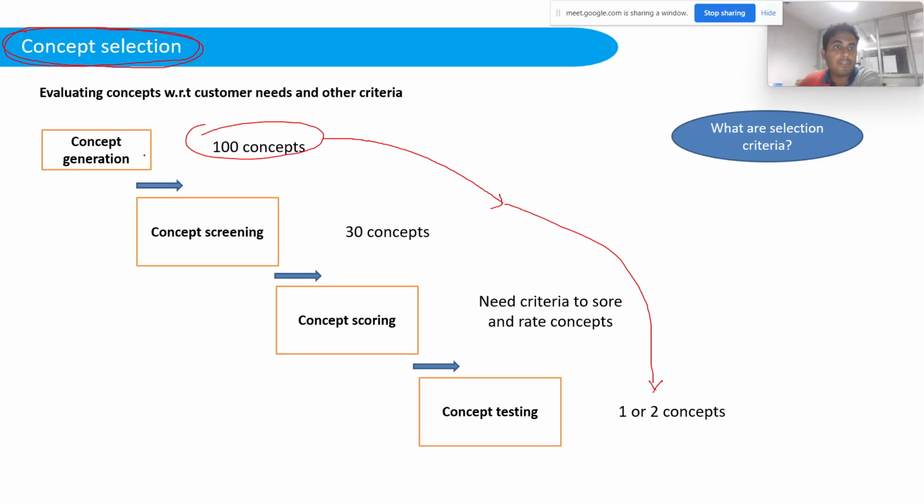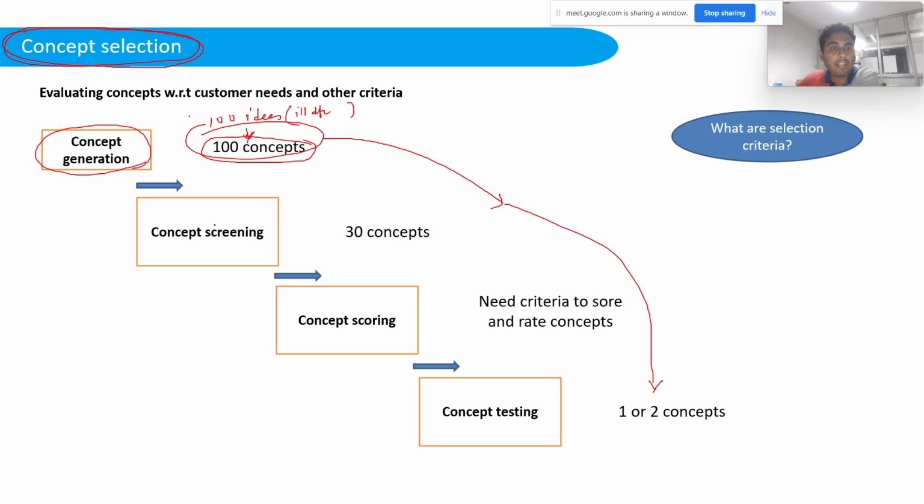So for example, in the concept generation phase, you end up having 100 ideas. These 100 ideas are initially ill-defined, and later you convert them into 100 concepts by putting more details into them.